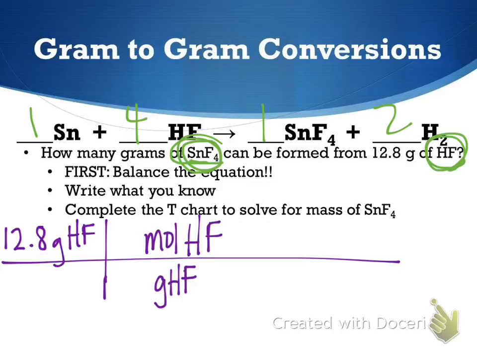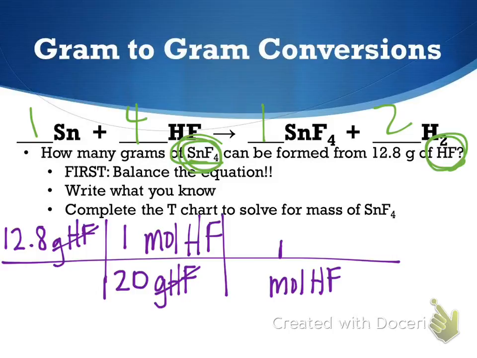Okay, moles here gets the 1. Hydrofluoric acid's molar mass is 20 grams per 1 mole. Good. So we're done with grams. We're left in moles of hydrofluoric acid. From there we want to go moles of HF to what? Good. Moles of tin fluoride.